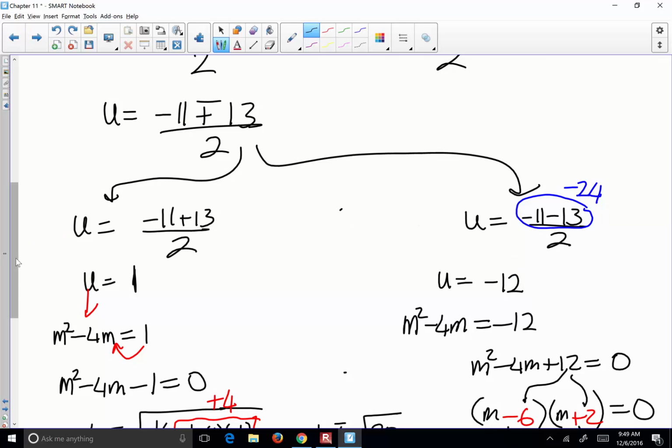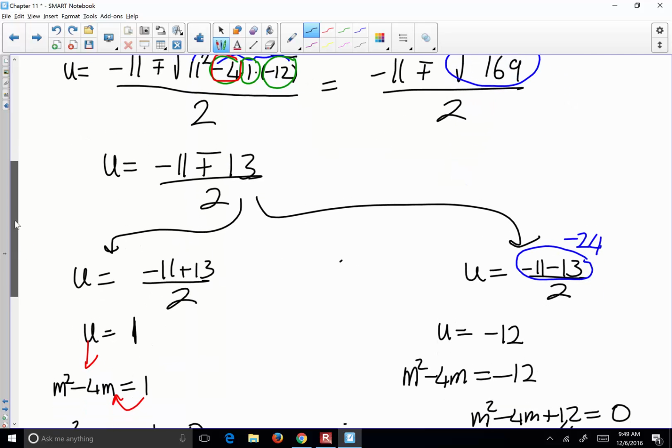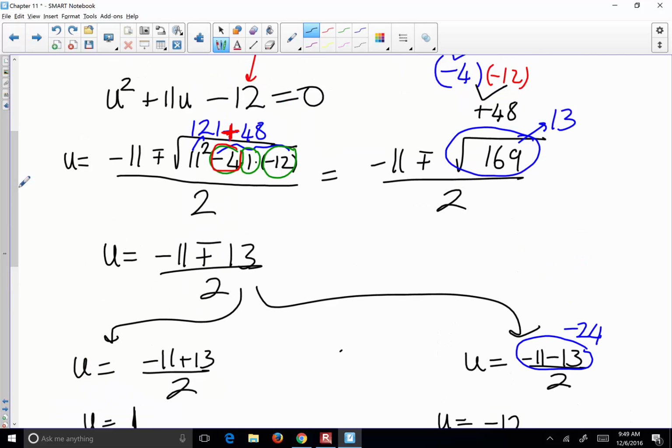I don't know. Minus 13, 12, 1. Oh, by the way, you could have factored right here. You didn't need a quadratic formula application here. You could do u minus 12, u plus 1 factoring and get the same answers.